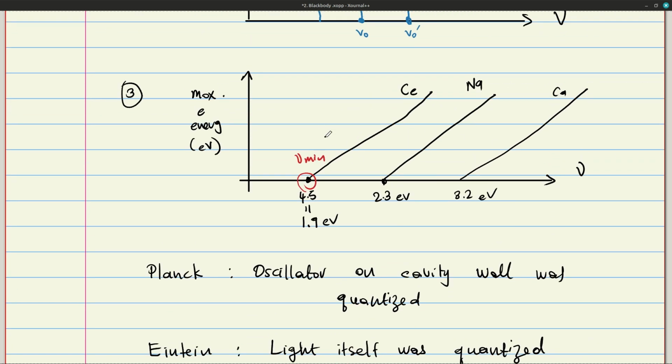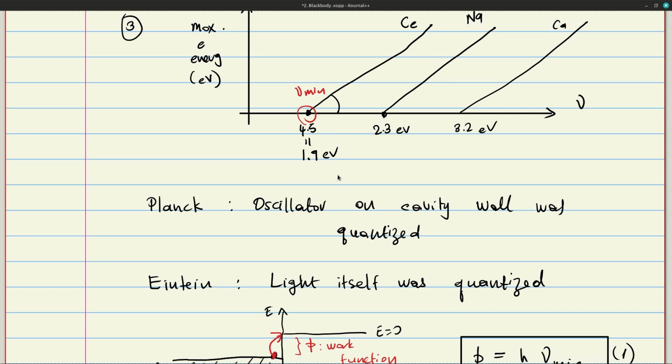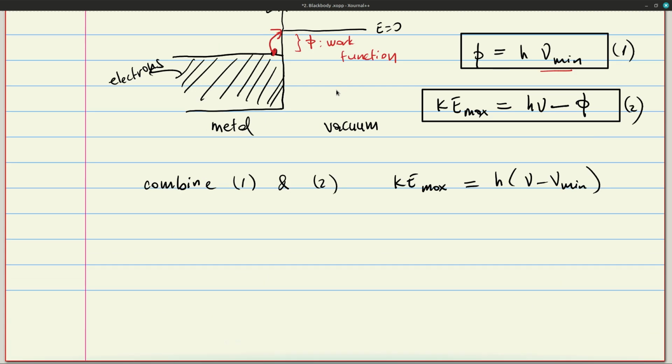Basically, frequency and maximum energy are linear, and the proportionality constant, the slope here, you can calculate the slope, is the Planck's constant. You can see the slope of experiment number 3.